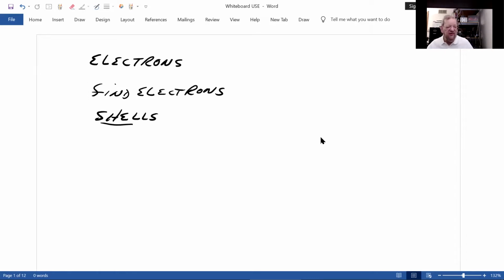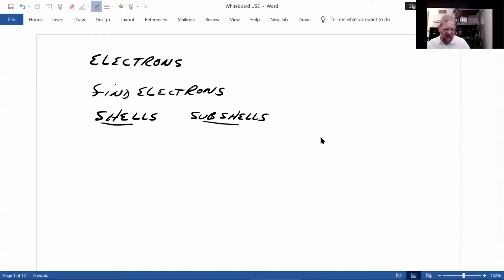Now, each shell has subshells. And subshells, which are located in the shells, have electrons which have exactly the same energy and are exactly the same distance from the nucleus.